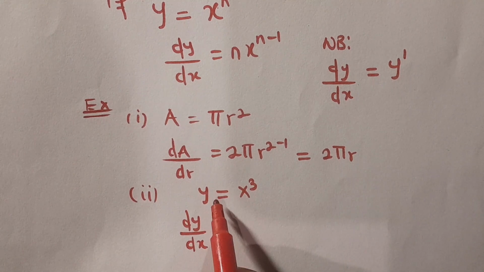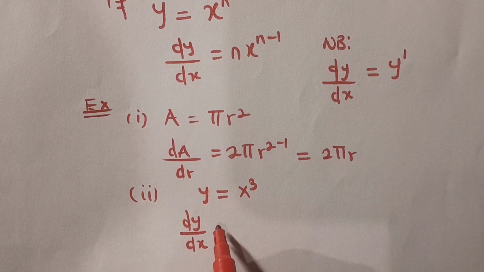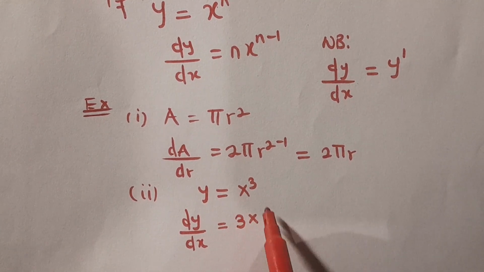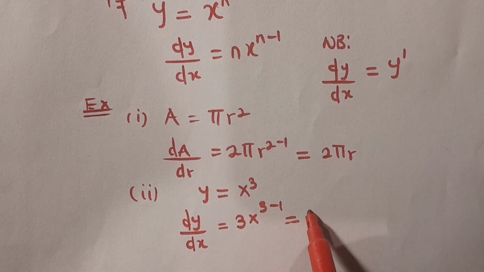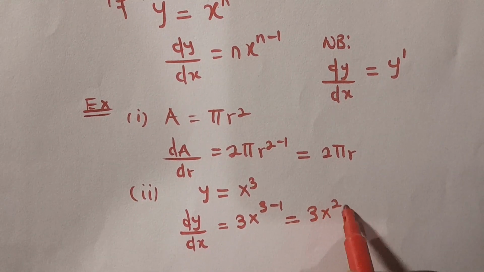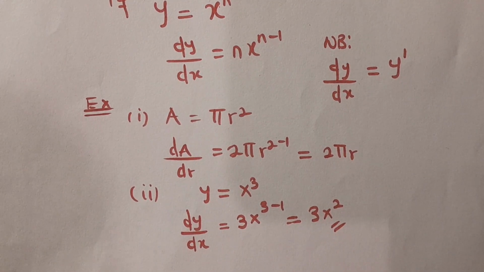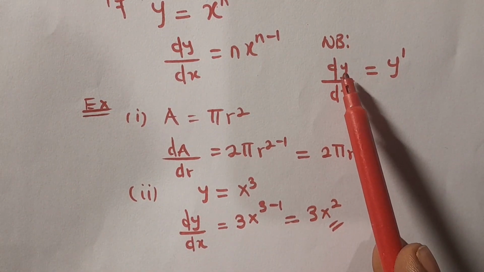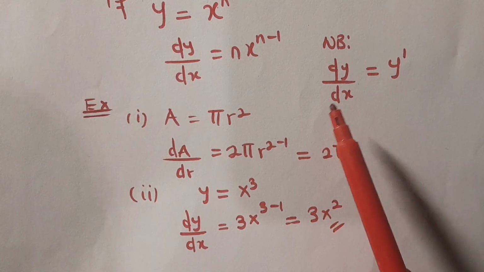So you are differentiating y with respect to x, so therefore we have this 3 will come here, then we have x raised to power 3 minus 1, and this will be equivalent to 3x squared. So when you are given something of this nature, what you are trying to say is that you are differentiating function y with respect to x.